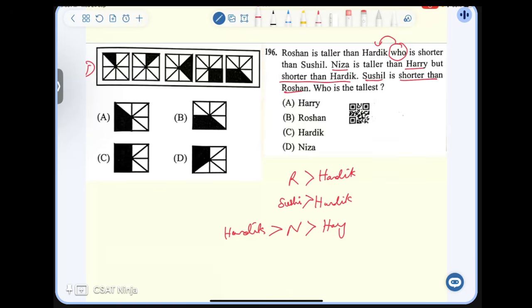So I can write it like this: Roshan is taller than Sushil, and Sushil is taller than Hardik. So who is the tallest? Roshan. Okay, with that, just follow the question. That's more than enough.